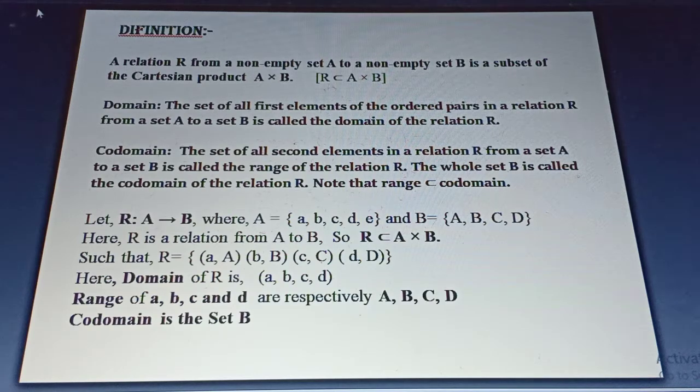When you do the Cartesian product A cross B, and we write a subset of A cross B, this subset will form a relation from A to B, and the elements of the relation will be pairs of elements, and from these pairs we can find the domain and range.